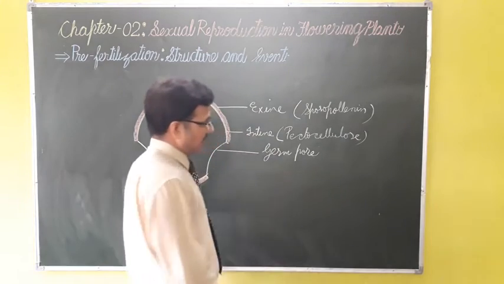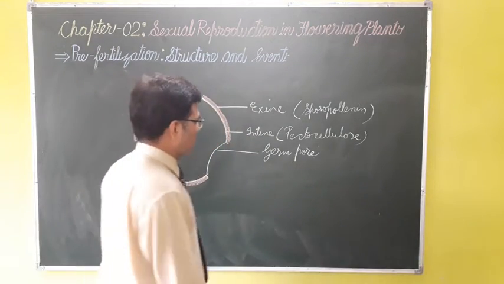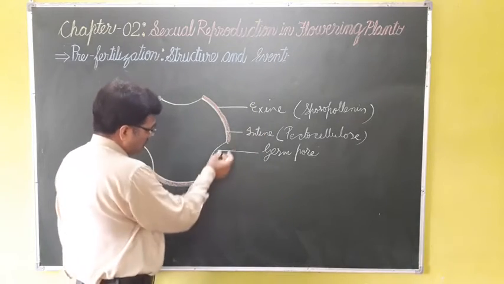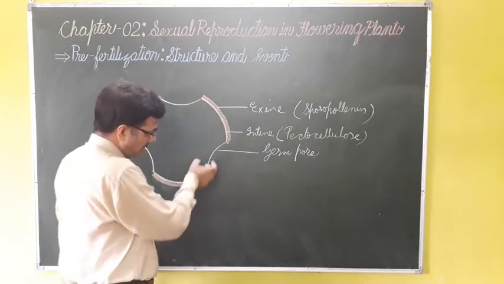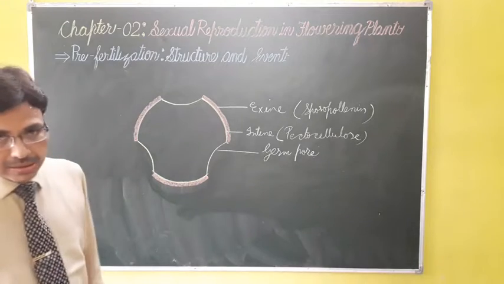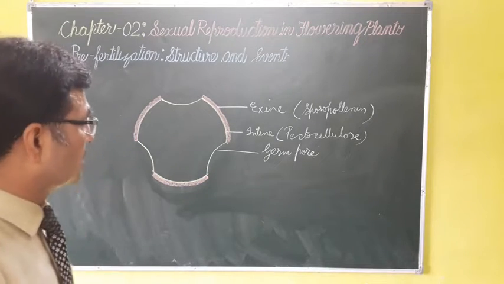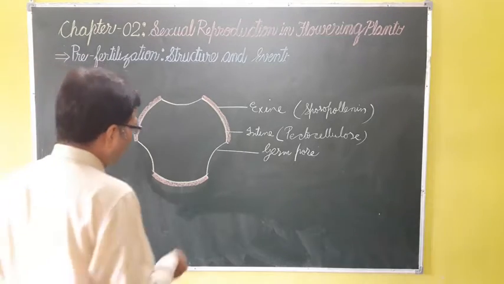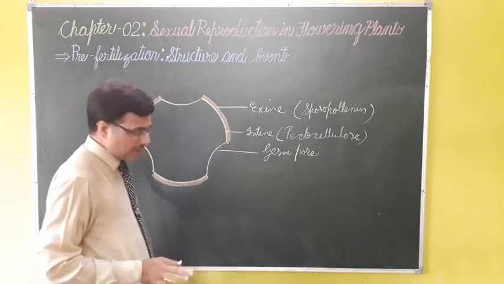Pectocellulose means pectin plus cellulose, right? Now, this is a depression which is called germ pore, and at the depressions, the exine is absent. Only intine is there, right?